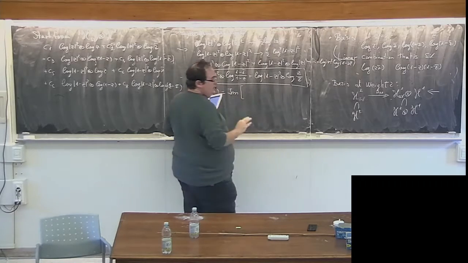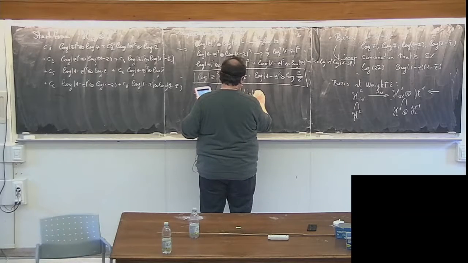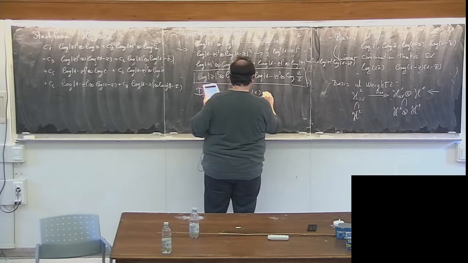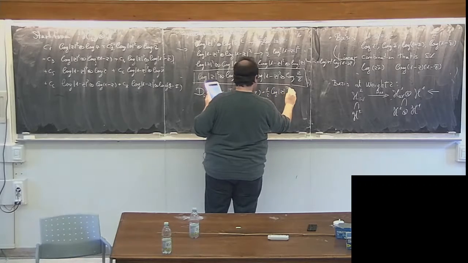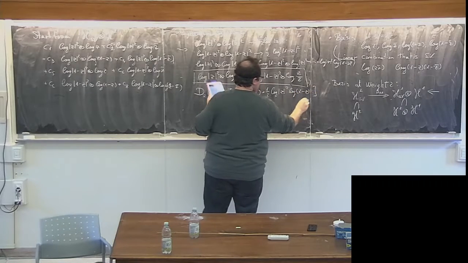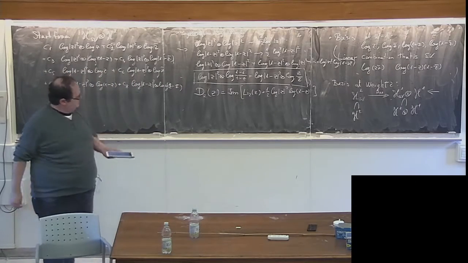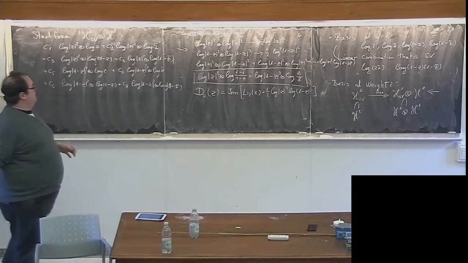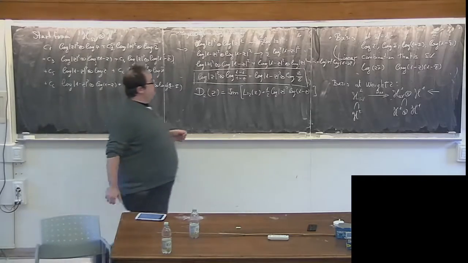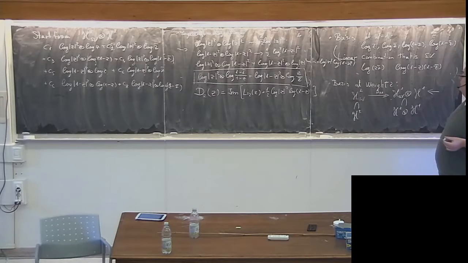The imaginary part just means anti-symmetrized in z and z bar. Okay. So this is the basis for H2 single valued.